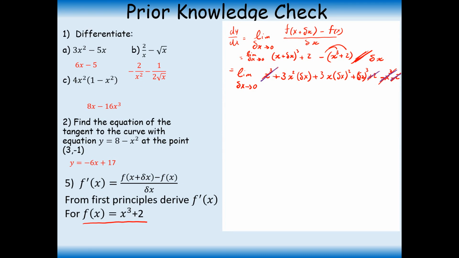And don't forget that we have a denominator that is delta x. Now we can look at the rest of that. So again, we are taking a limit as delta x approaches 0 of this expression.